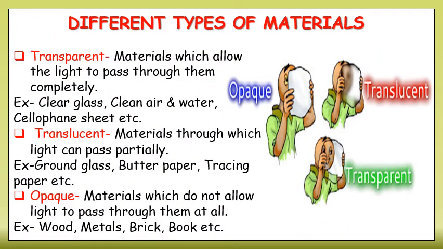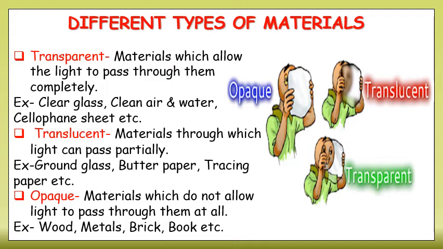Now students, you know that different types of materials transmit light differently, and based on the way they transmit light, materials can be divided into three types: transparent, translucent and opaque. Now let us study about them.